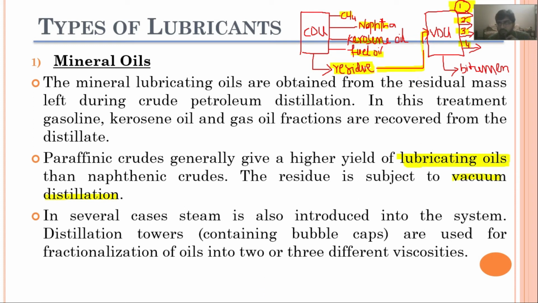This vacuum distillation tower may contain some bubble caps, some different types of trays like chimney trays, or may contain some trays with ballast units as well.